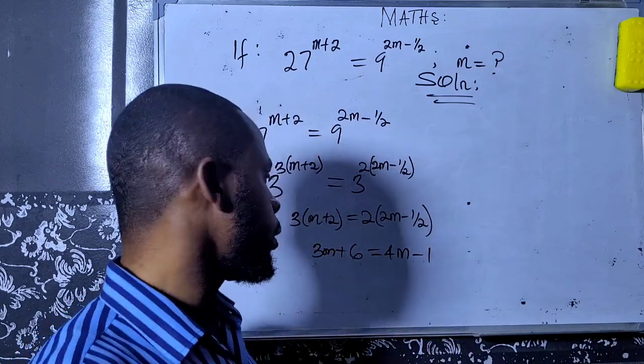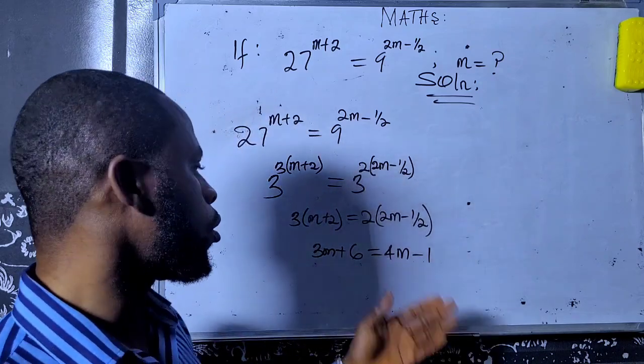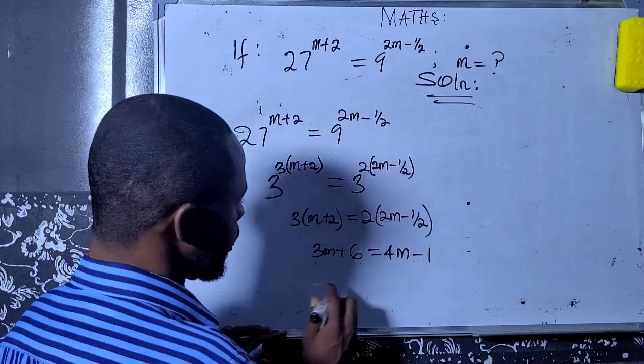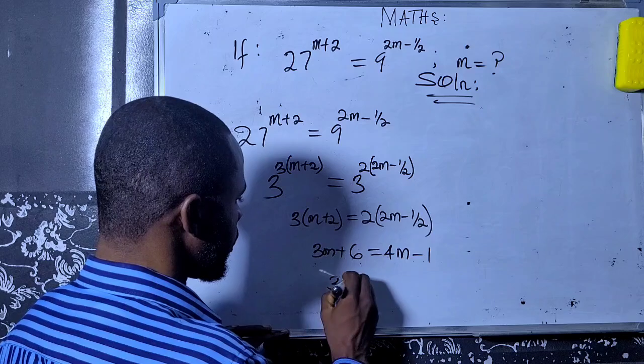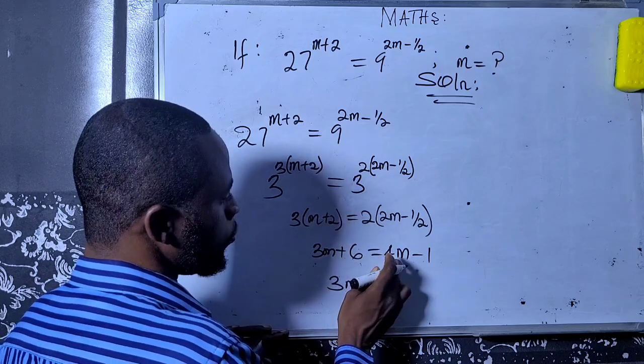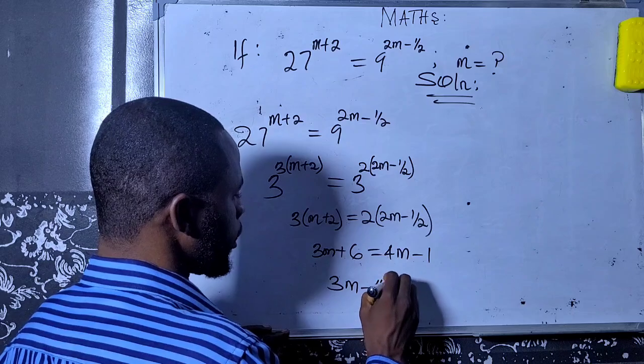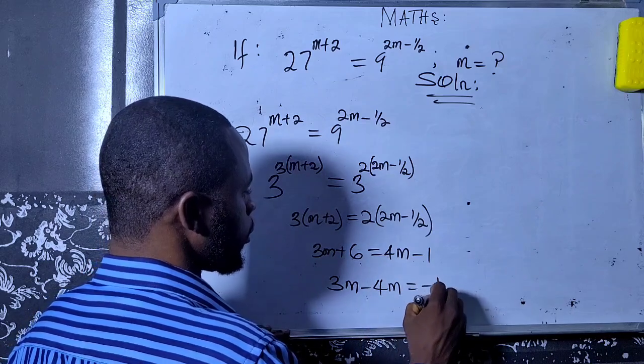Then the next step to be taken is to collect like terms. If you do that, you are going to have 3m. If you move plus 4m from the right hand side to the left hand side, it becomes minus 4m equals minus 1.